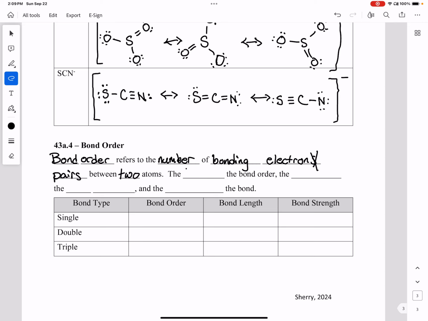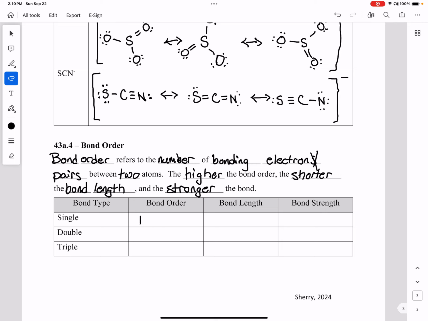Okay, so the higher the bond order, the shorter is the bond length, and the stronger is the bond. Okay, so a single bond has a bond order of 1, fairly straightforward.